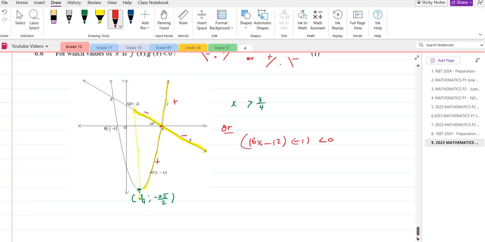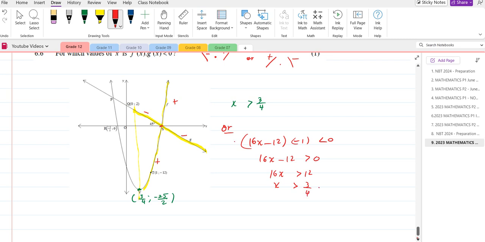Yes, we can take that because it's still decrease and increase, so we don't need to omit any values there. Now let's see. So we got 16x minus 12 is greater than 0, because I'll multiply both sides by negative 1. 16x is greater than 12, so x is greater than 12 over 16, which is 3/4.